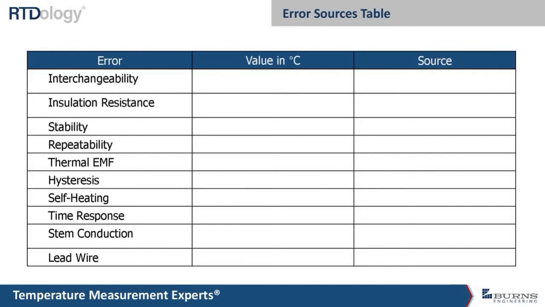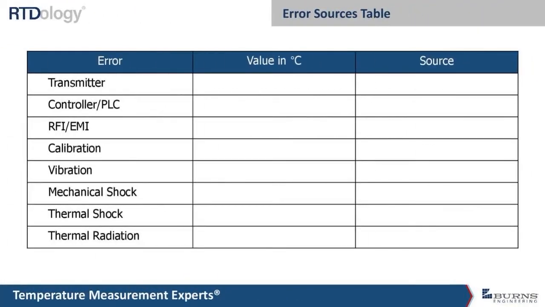So when I start doing a measurement error calculation, I find it helpful to have a little table, and I've come up with this list of all the different error sources. There actually are more error sources than what I show in this table, but these can be some of the larger contributors to measurement error.